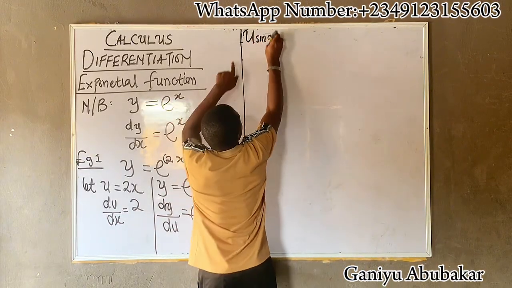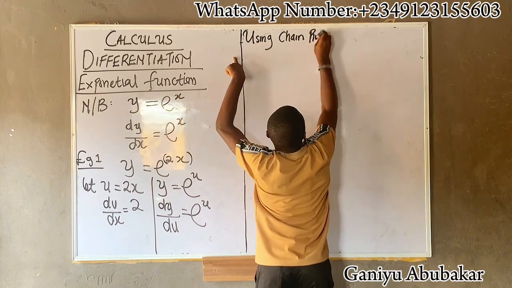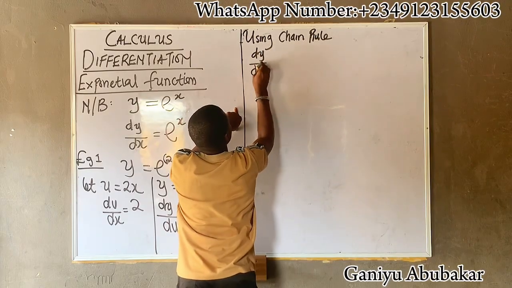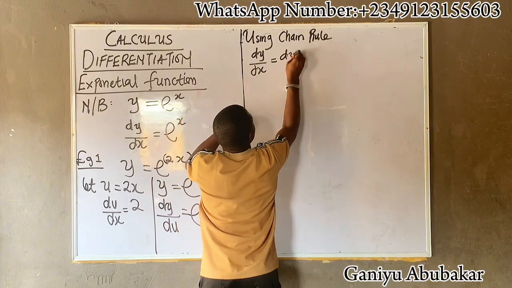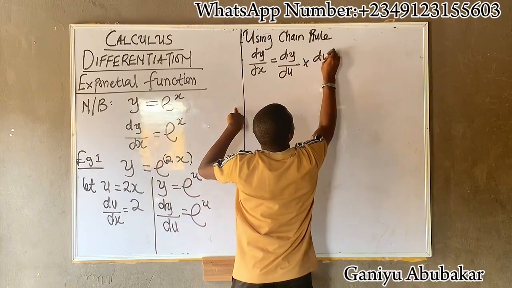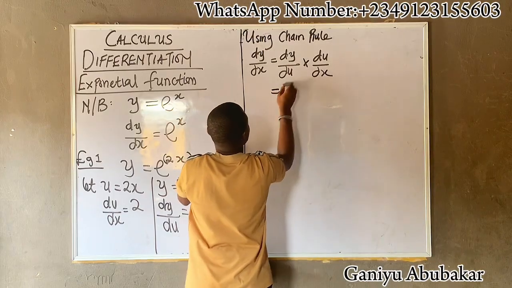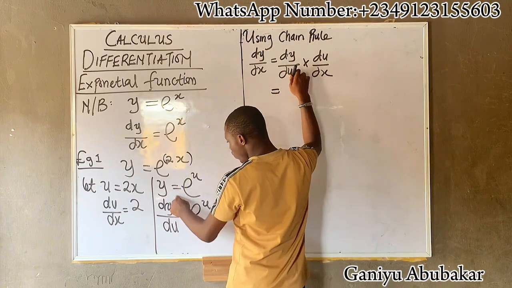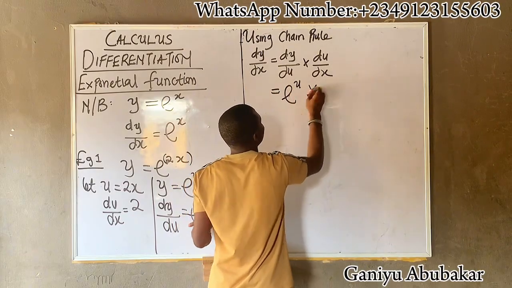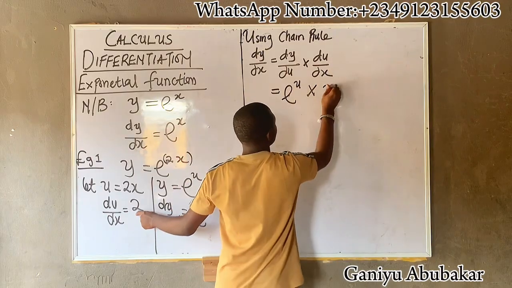So using chain rule, we know dy over dx is equal to dy over du times du over dx. dy over du is exponential u, times du over dx, which is 2.